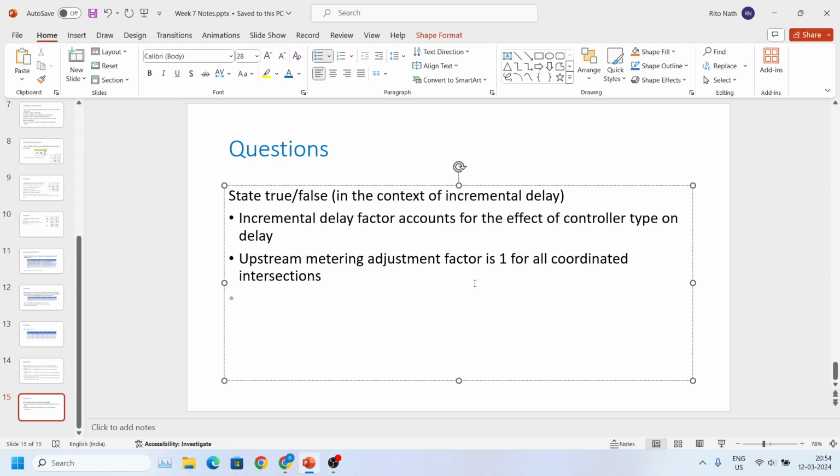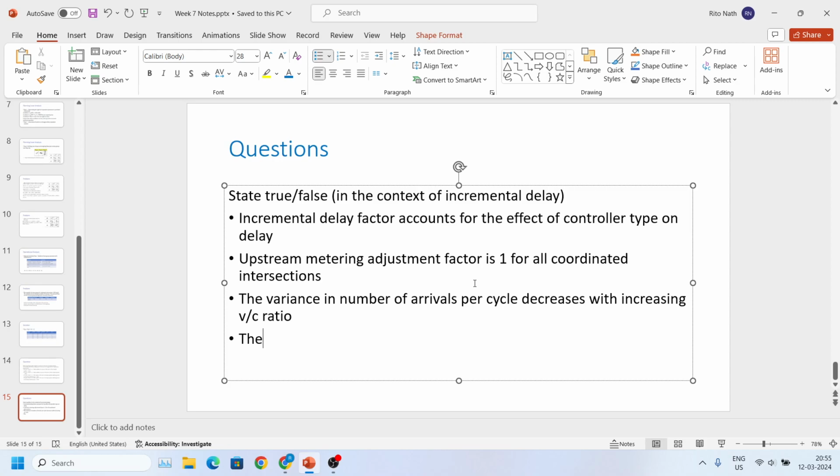And the variance in number of arrivals per cycle decreases with increasing V by C ratio. Okay, is it related to? I think I'm going into the discussion of the actuated controllers.